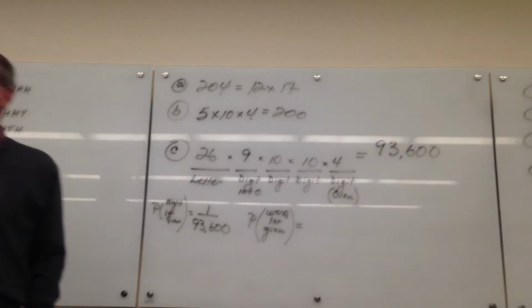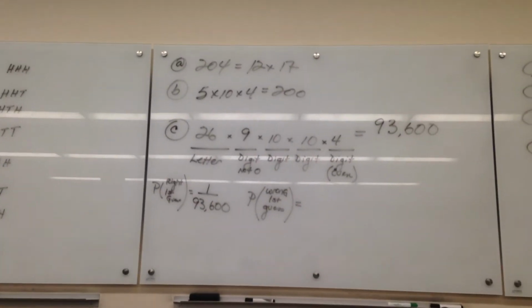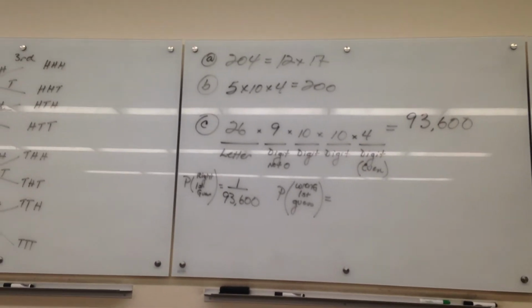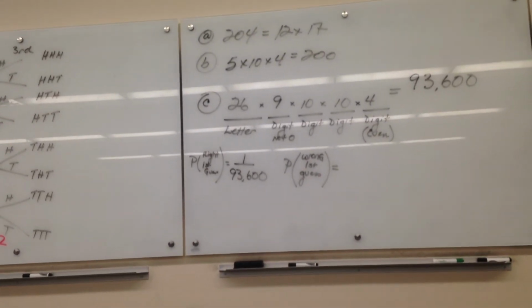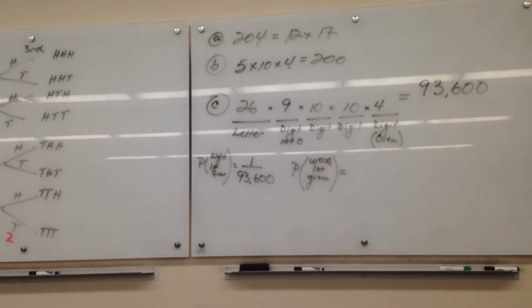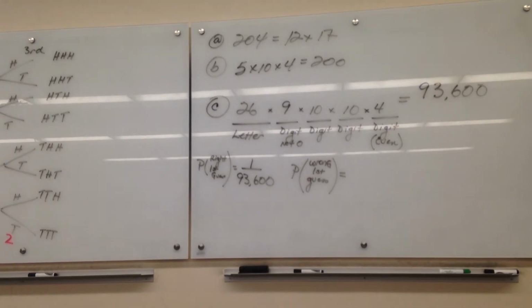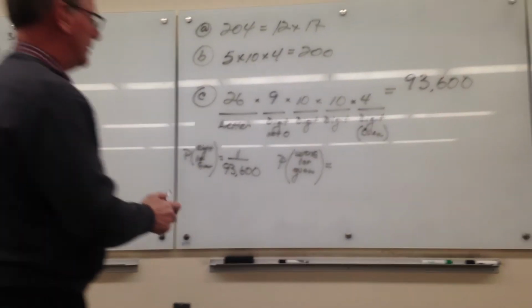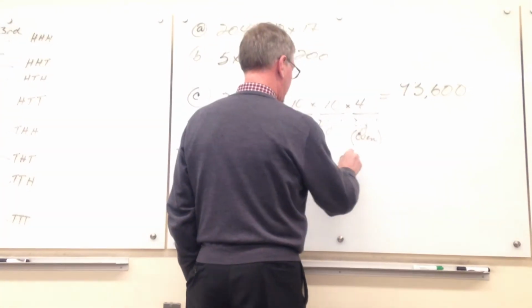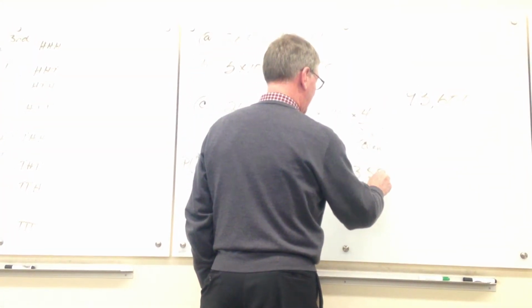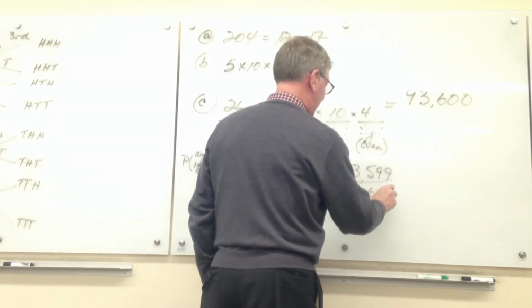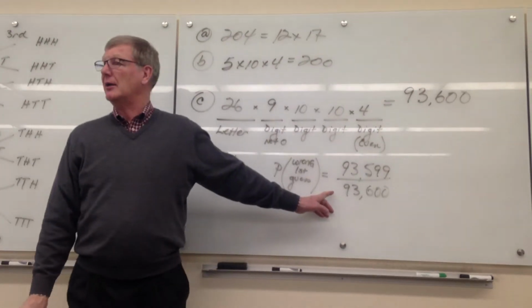How many different ways can we get it wrong? 93,599. Yeah, 93,599 over 93,600. That's why the state makes a lot of money on the lotto tickets.